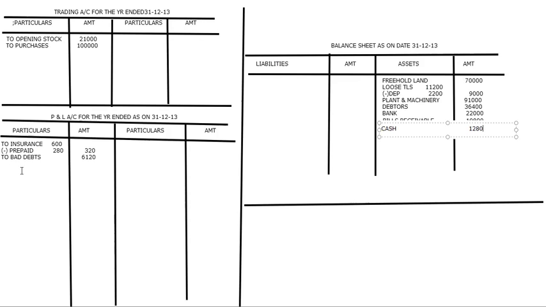Then he gave rent, rates, taxes. I have to take rent, rates, taxes here only, no? Did he give any adjustments? No, he has not given. Yes, salaries and rent are outstanding, so that means he gave. So I'm going to take rent, rates.